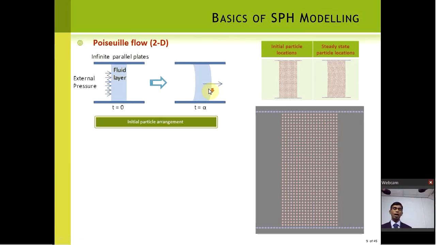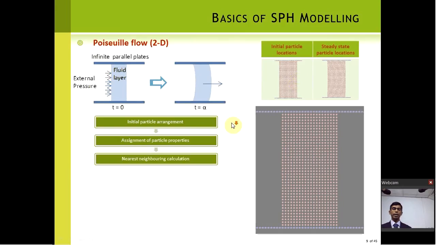The steps are, we initiate the particles, placing them in this kind of arrangement. Next, we apply properties like pressure and density. Then comes a very costly step, the most costly step in mesh-free computation, which is the nearest neighbor calculation.